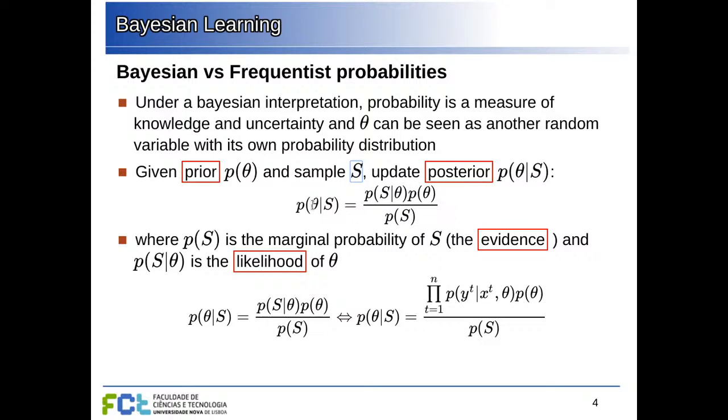So the probability distribution of our parameters, given that we have this sample of data, is given by the probability of the data being like that given the parameters, multiplied by the prior probability for the parameters, and divided by the marginal probability for the data. So we can consider this to be the evidence we have for the new parameters.